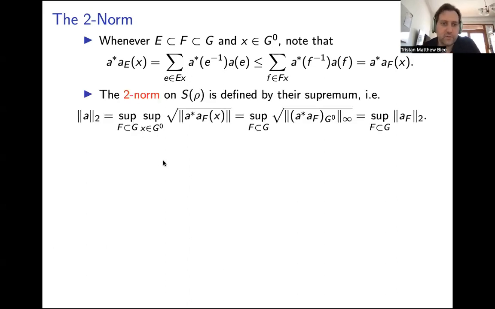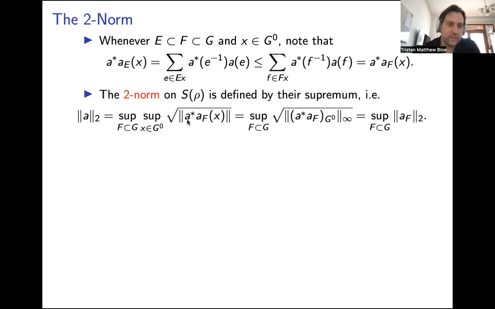So this is how we define the two norm. We define it to be the supremum of all these individual norms where you restrict to some finite subset. It looks like I'm restricting just to a finite subset of A, but really you're also restricting to the corresponding finite subset of A star.